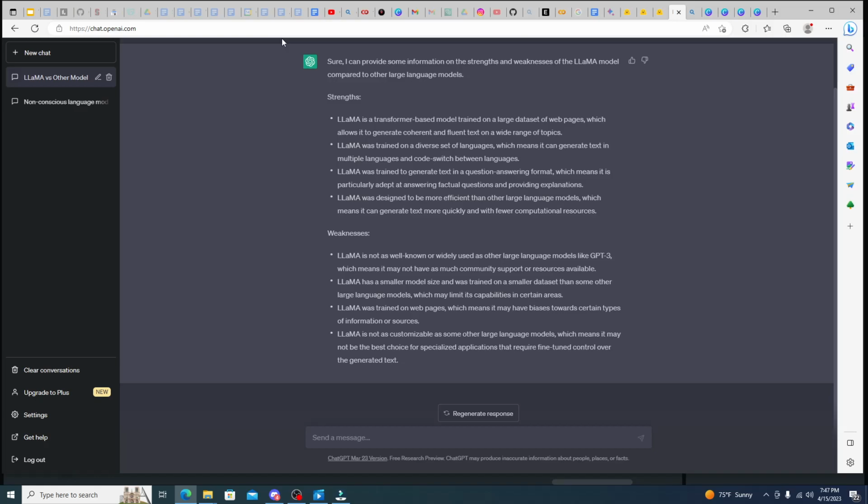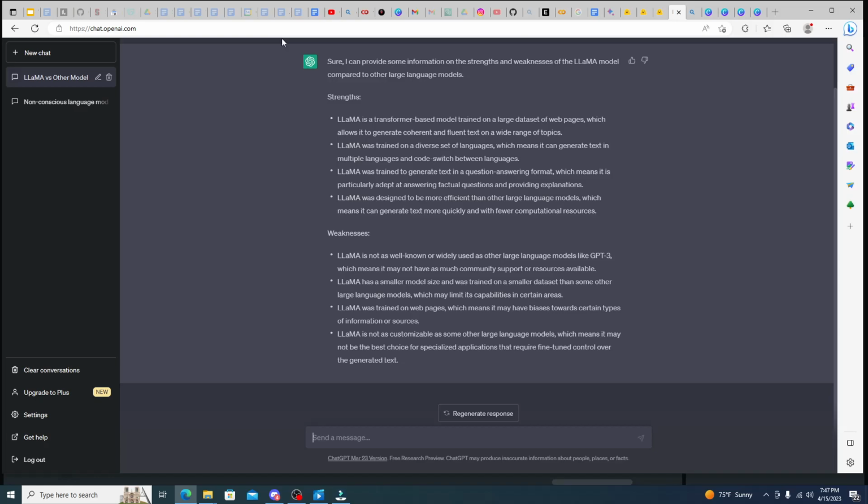"Llama was designed to be more efficient than other large language models, which means it can generate text more quickly and with fewer computational resources." I definitely don't question that. "Weaknesses. Llama is not as well known or widely used as other large language models like GPT-3, which means it may not have as much community support or resources available.